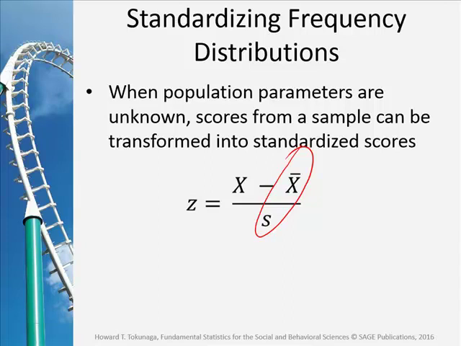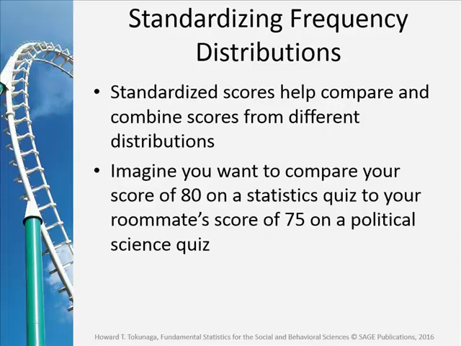But it's the same exact equation. The reason we can do this, or we want to do this, is not only because we might not know what the population parameters are, but we might, again, have two separate samples, and we want to compare their area or volume.